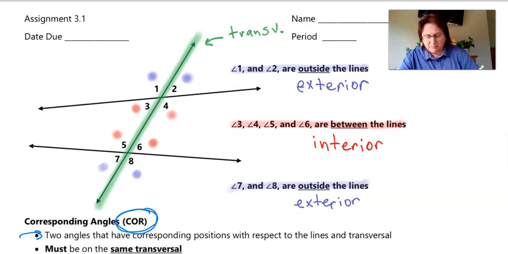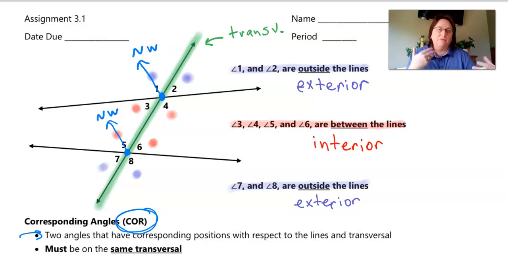If you notice, angle 1 and angle 5, if I look at where the lines intersect, are both up and to the left, otherwise known as the northwest corner, aren't they? So they're both in the northwest corner, part of their respective positions, where they intersect the transversal. The same thing goes for 2 and 6. 2 is up here, which would be the northeast corner. 6 is up here, which would also be the northeast corner.